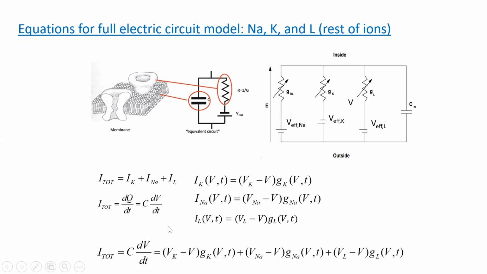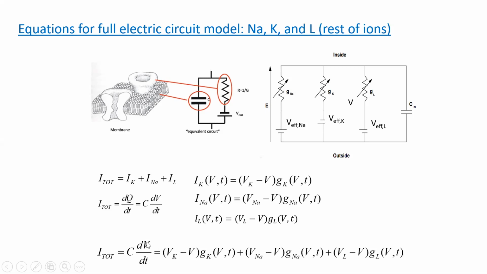So then we can say that I total, which is C times dV/dt, as we established before, where V is the membrane potential, would be IK plus INa plus IL, and we substitute our IK, INa, and IL in here. So here then we have a differential equation for the membrane potential.